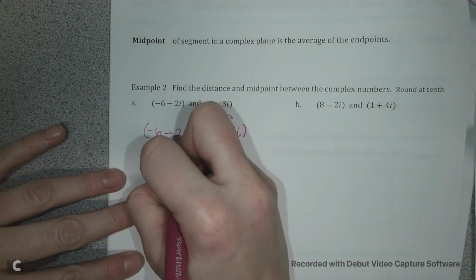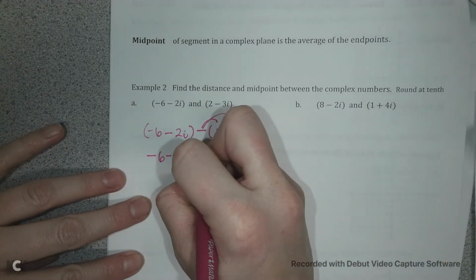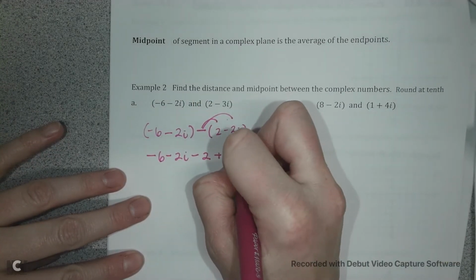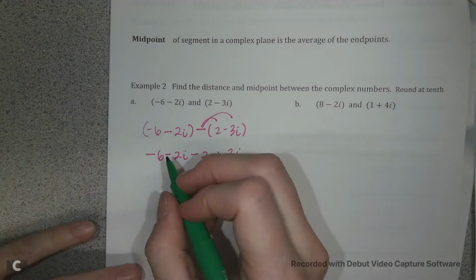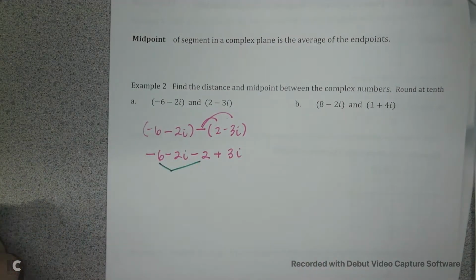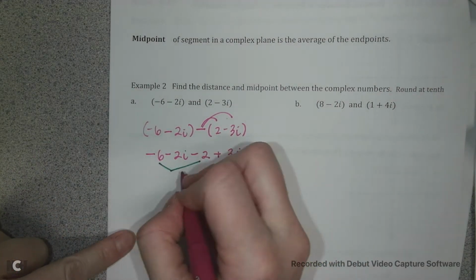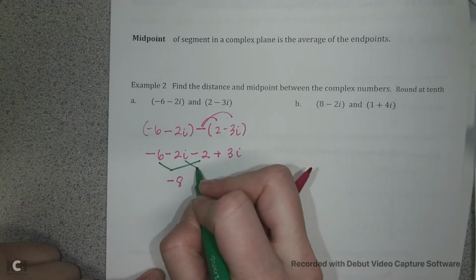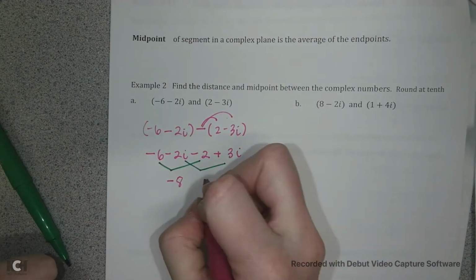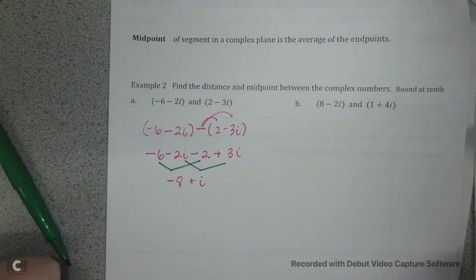So I really have -6 minus 2i minus 2 and add 3i. This will help me figure out the difference between my two reals and my two imaginaries. Looking at my real numbers, I have -6 and 2, and -6 minus 2 is -8. And then I have -2i plus 3i, and that is a positive i, or 1i.